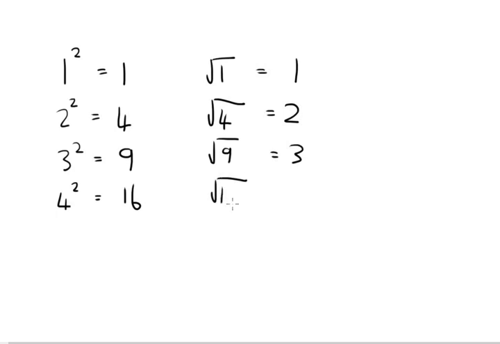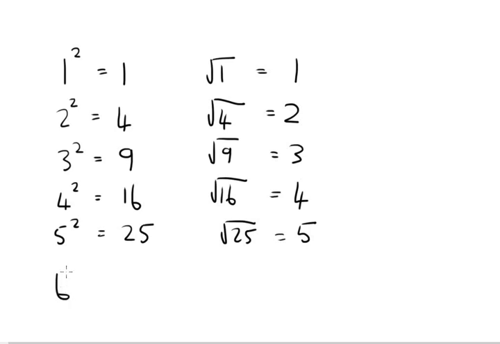And so the square root of 16 is equal to 4. 5 squared is equal to 25. The square root of 25 is equal to 5. 6 squared equals 36. The square root of 36 is equal to 6.